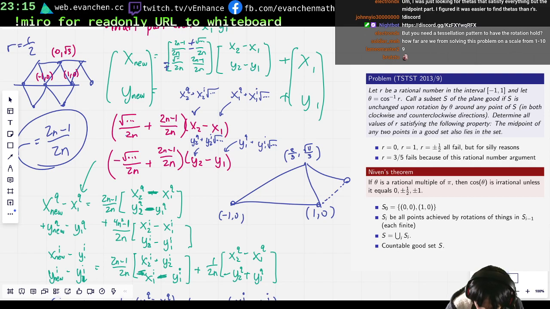So this minus sign causes these minus signs here, and it should cause minus signs somewhere else, on the rational part, here and here. Sorry, this sign is flipped. This should be minus, this should be plus.